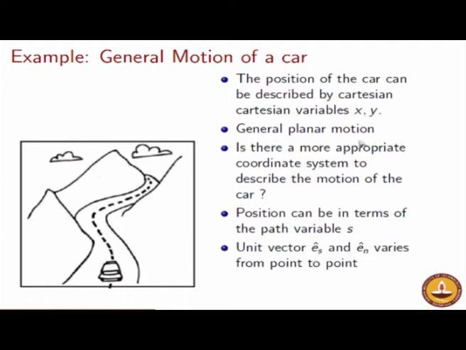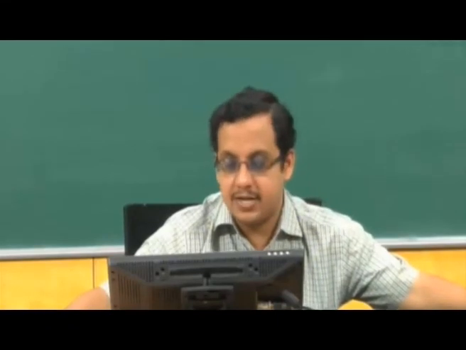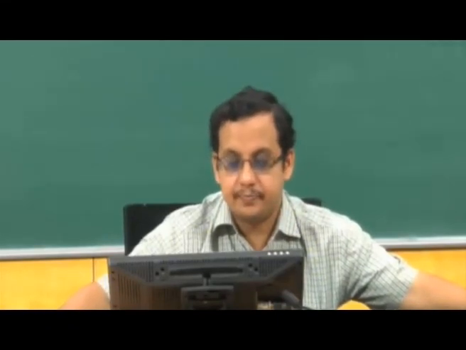But then, as hopefully by the end of this course you will understand, a more appropriate coordinate system is not the xy global coordinate system, but a coordinate system along the direction of this curve. That may sound a little bit non-intuitive, but hopefully we will be able to show that to you. What we mean is that you could put a coordinate system along the track of this car, just like we have put a coordinate system on the circular track for you.